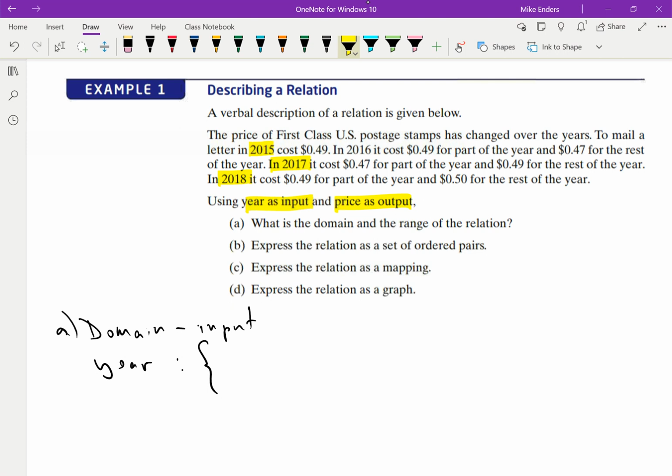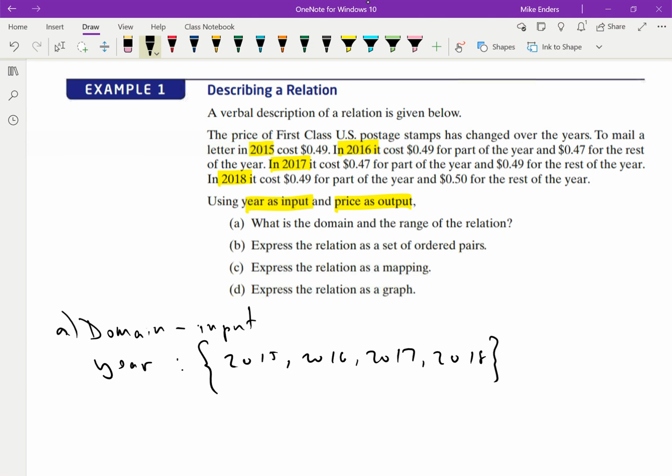Did I skip 2016? Yes, I did in the second line there. It seemed likely if we're going from 2015 to 2018, but we should have had all the numbers in there. So we have 2015, 2016, 2017, 2018. Those are all the items that I have in my domain.